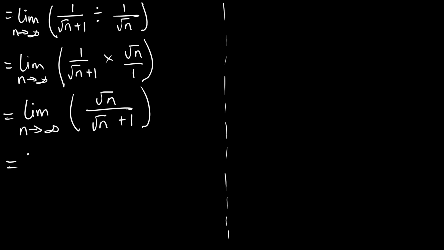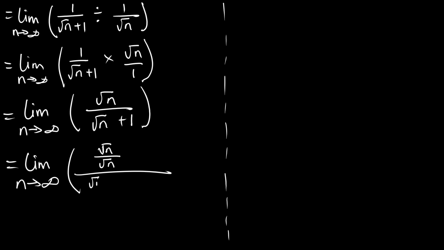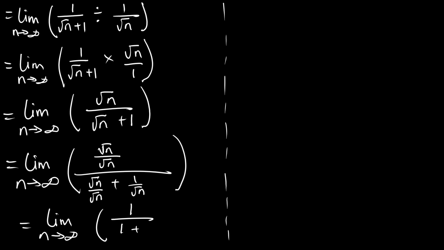So this is going to be limit, before we put in the value of n approaches infinity, I can say root of n on the numerator divided by root of n, everything on root of n divided by root of n plus 1 on root of n. This is what we have, right? So this is going to give us limit of 1 on 1 plus 1 on root of n. This is what we have.